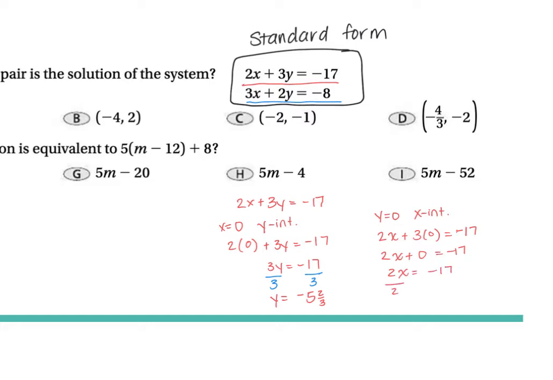We divide by 2, and we're going to get x equals negative 8.5, or 8 1/2. In order to graph it, it's easier if we write it as a mixed number like that.